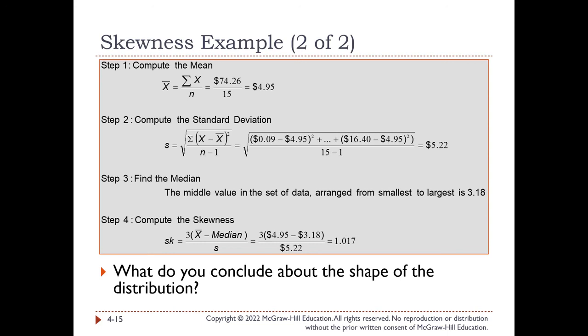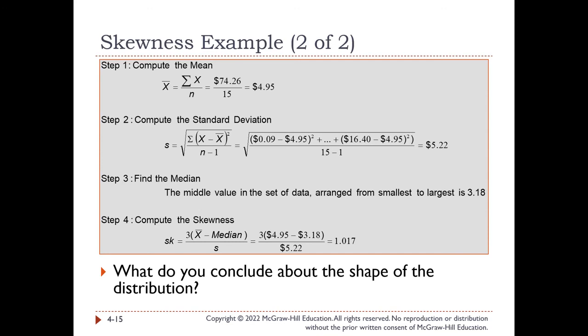We take 3 times our mean, which was $4.95, minus our median, which was $3.18, then divide by our standard deviation of $5.22, which equals basically 1.017. That's our computation of skewness. It's not $1, sorry. So is it more positive or negative?